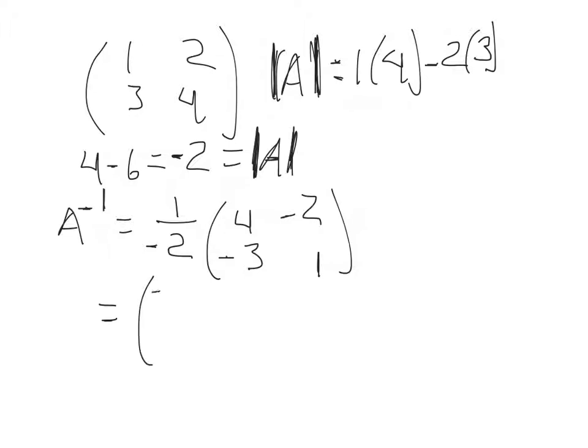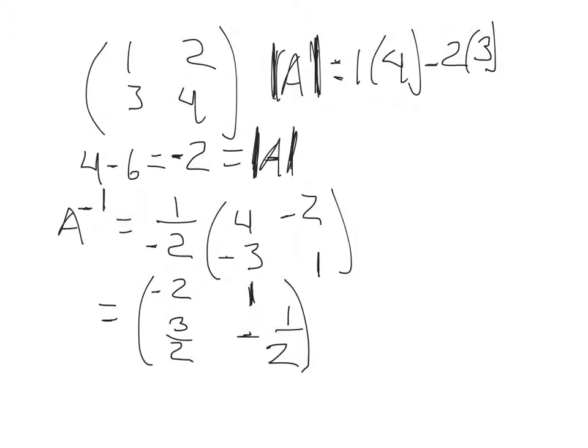So that's going to be minus 2. And minus 2 times minus 1/2 gives me 1. And minus 3 times minus 1/2 gives me positive 3/2. And 1 times minus 1/2 gives me minus 1/2. Okay. So that's my alleged inverse.